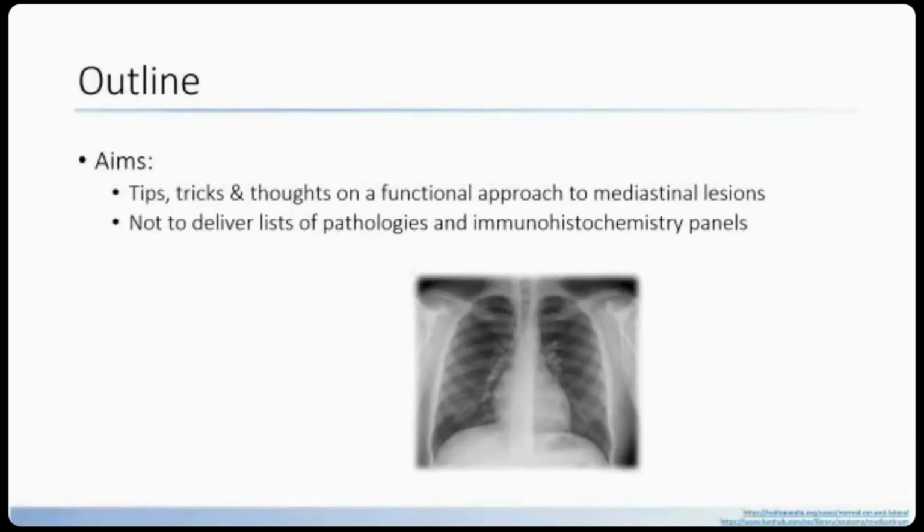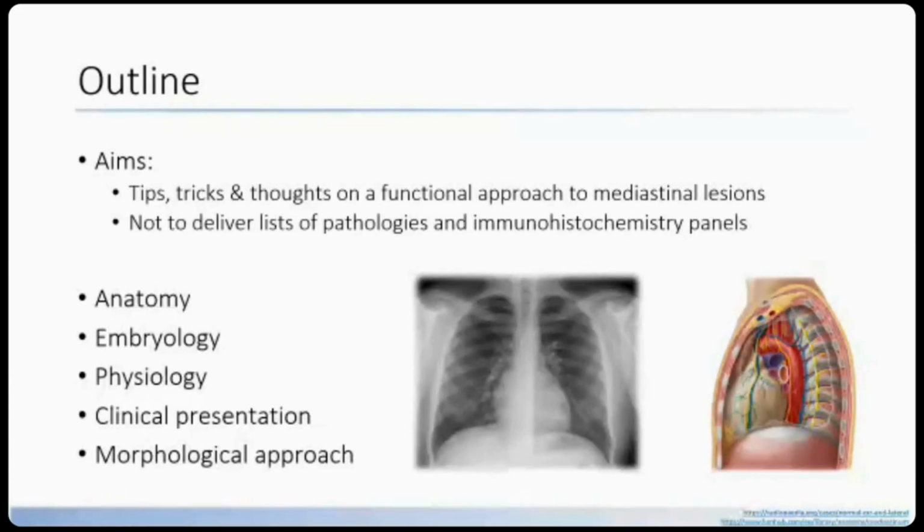So hopefully it's going to be a practical and applied outcome of how personally I approach mediastinal lesions. As I alluded to, it's really important that we touch on a variety of different areas. We need to explore the anatomy and the embryology, the physiology, the clinical presentation. And once you've taken all of those together, then we can start to think about how we take an applied pathological and morphological approach to these entities.